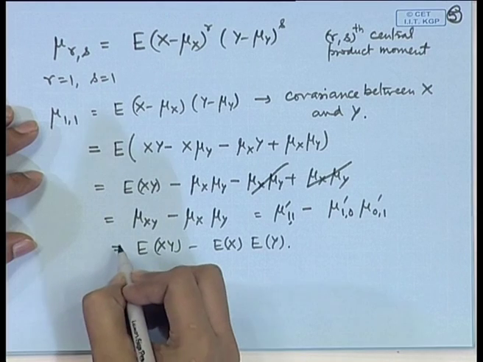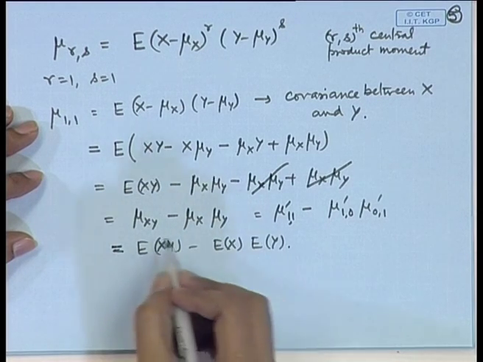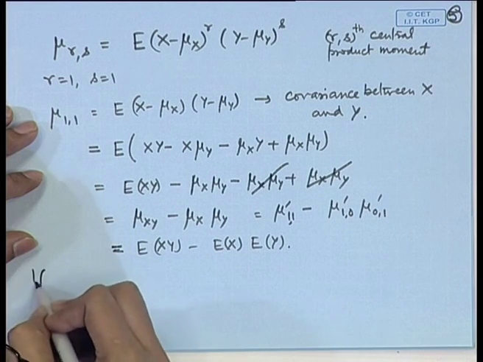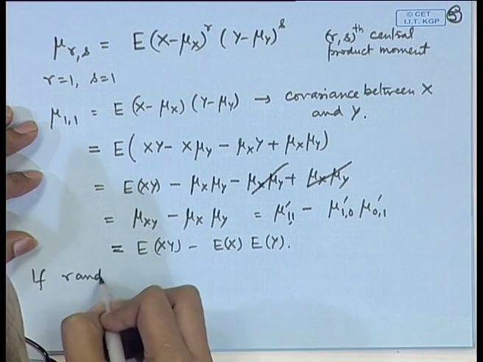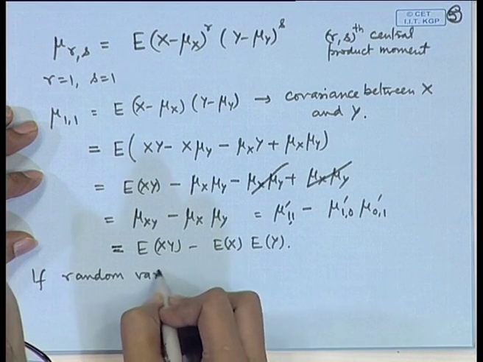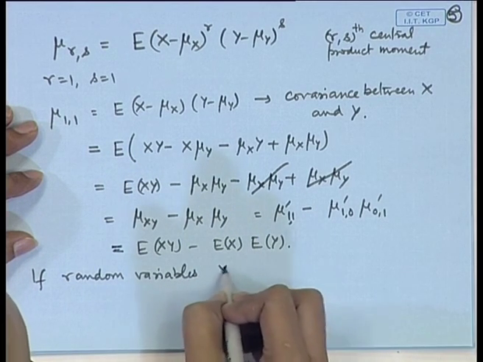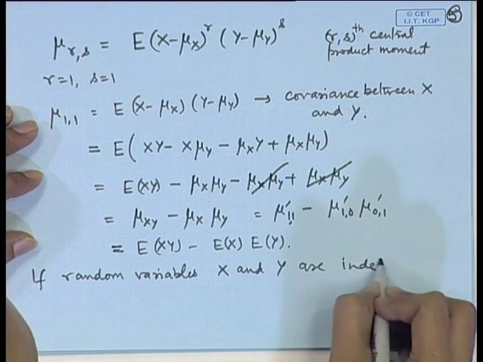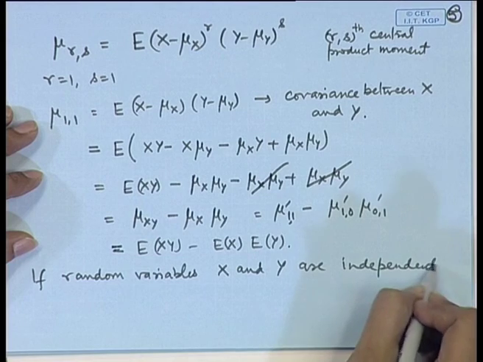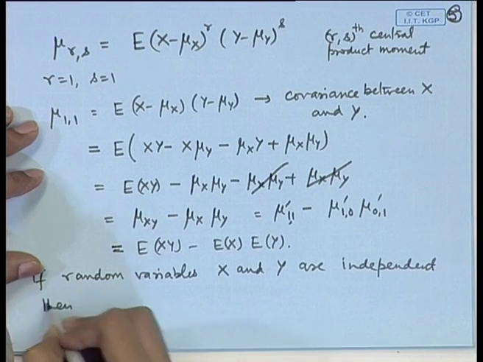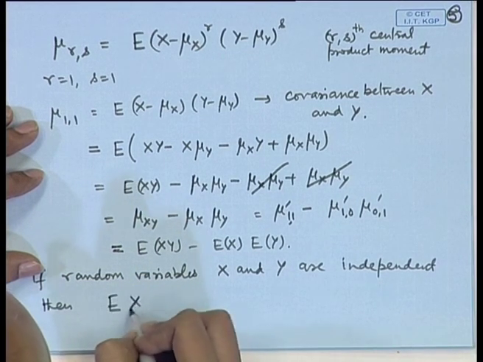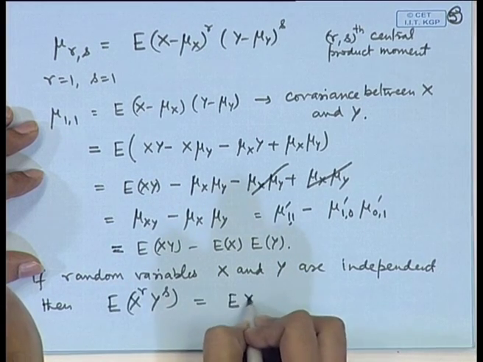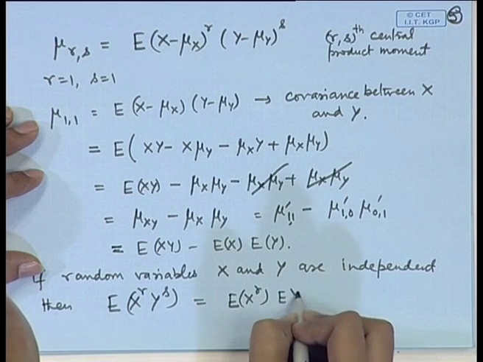We can further see the effect of independence on the moments. If random variables x and y are independent, then expectation of x to the power r, y to the power s will become expectation of x to the power r into expectation of y to the power s.